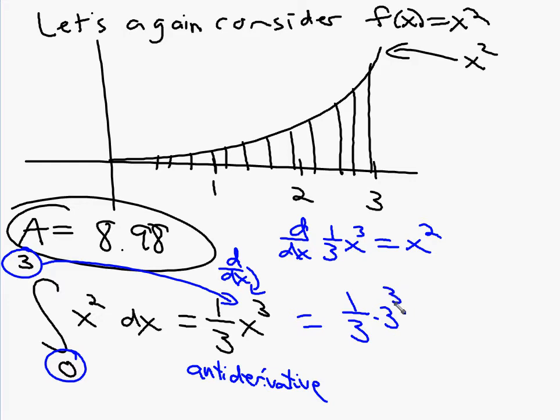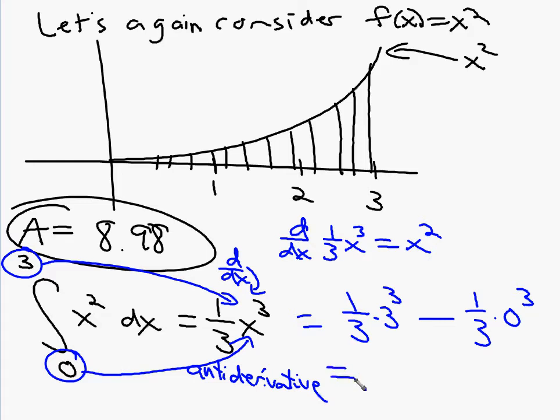And then I subtract what I get when I plug the 0 in, 1/3 times 0 cubed. I get the exact area under the curve.